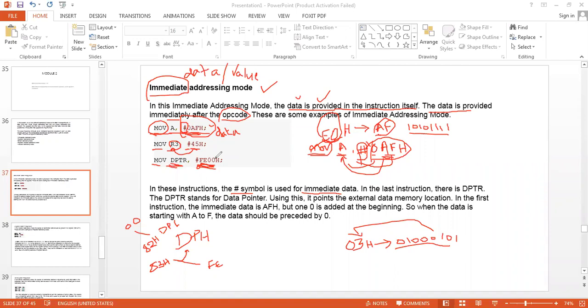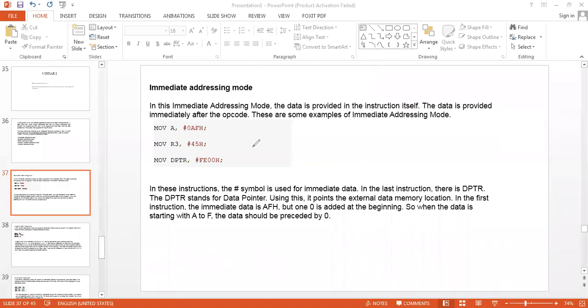Is it understood? The immediate addressing mode? No reply. Shall I repeat it once again? But we have to complete this module as soon as possible, because we cannot consume one complete class for only one addressing mode. Now, whether this has been understood?